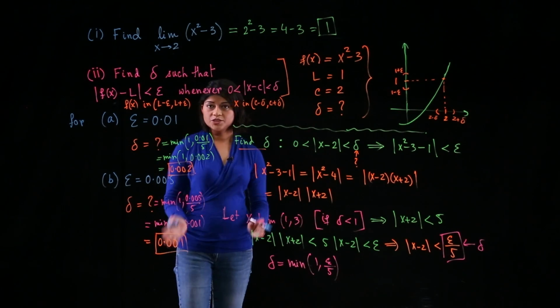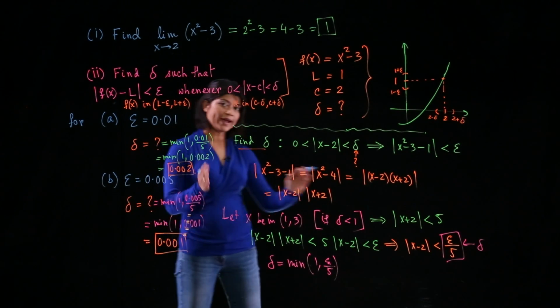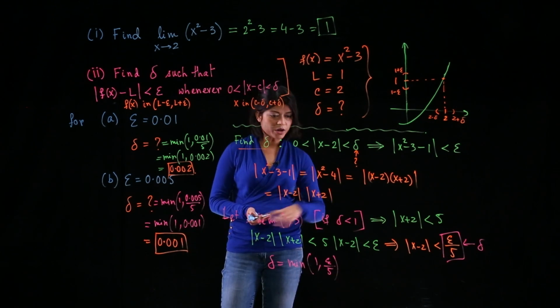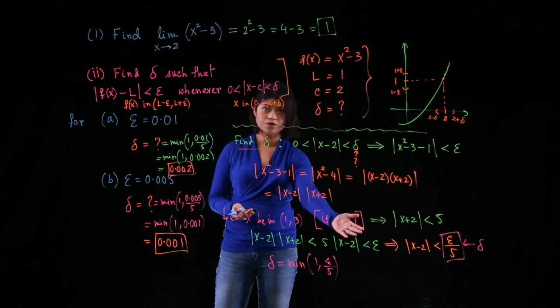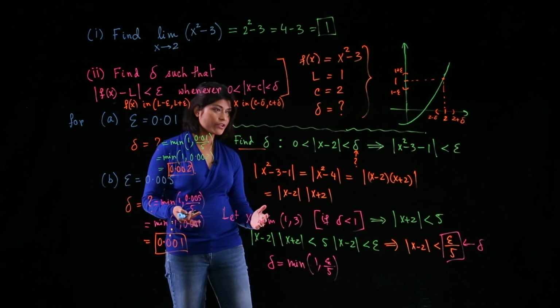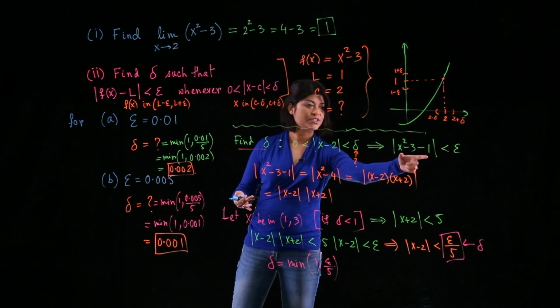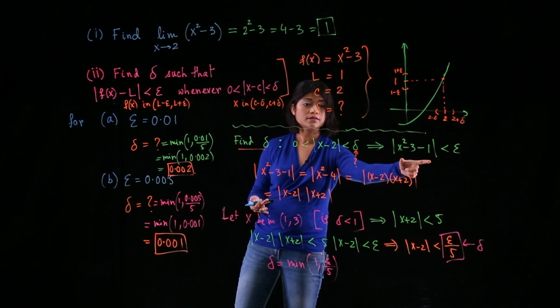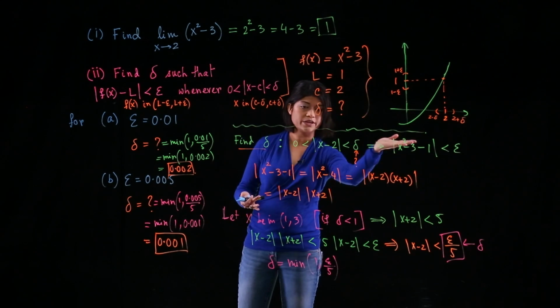So before we finish the problem, let's go back and try to understand one more time what we really did here, what this work really led to. In case you're confused and you're thinking, why did we start with this expression x squared minus 3 minus 1? Because we had to go this direction, right?